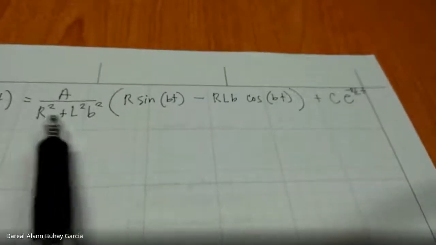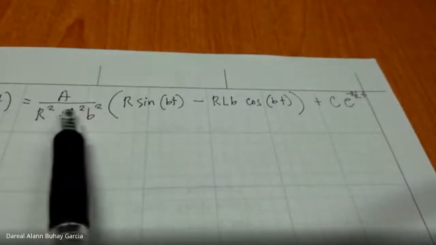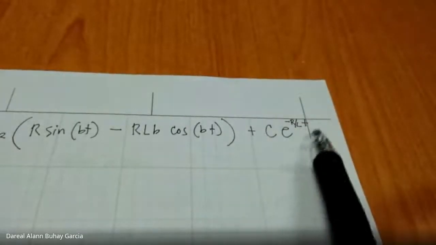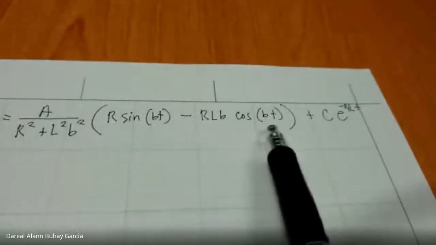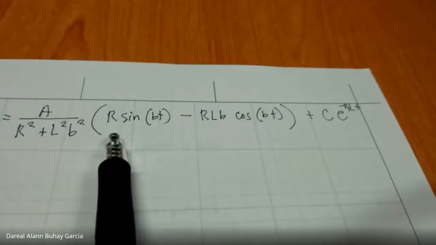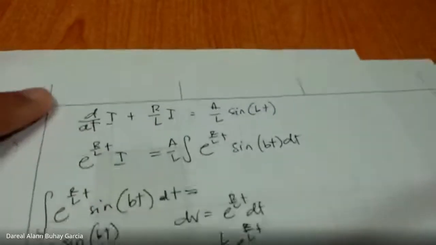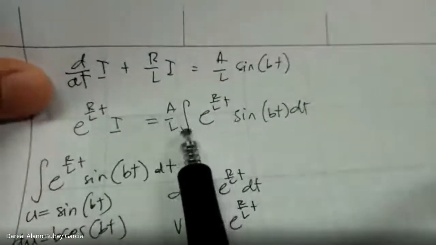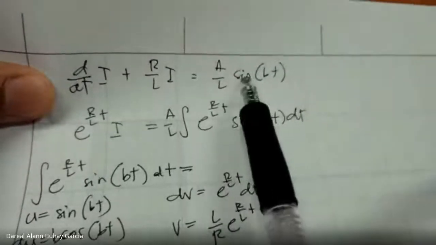Somehow in this form, no? Factor out lang siguro ang mga denominator or distribute, either way. Pero wala ni, no? This is important. Don't forget na gikan ni siya na answer from an integral, di ba? So just before nato gi-integration by parts, ingon ani ang itsura niya: A over L integral of the integrating factor times the EMF, no?